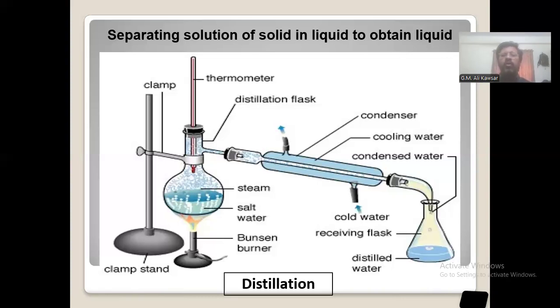And inside the condenser, gaseous water will be transformed into liquid water, and it will be collected from the other end of the apparatus. Okay, so by this process, the distillation will be done, and we can separate the water part from a solution. But the latter process was used to separate the solid part. I hope you understood.